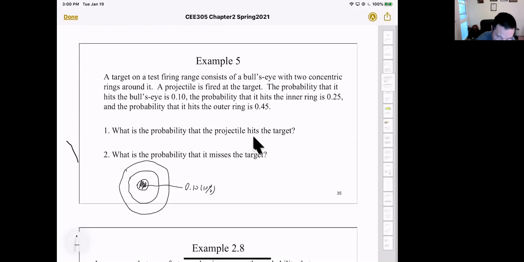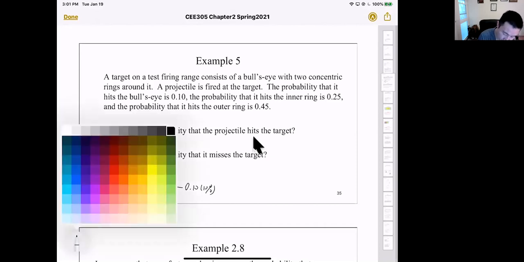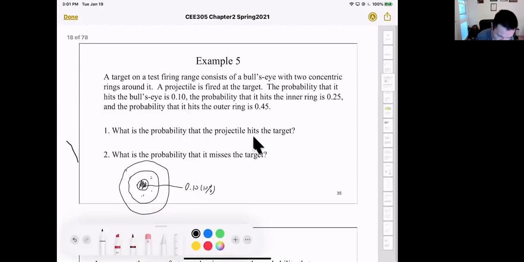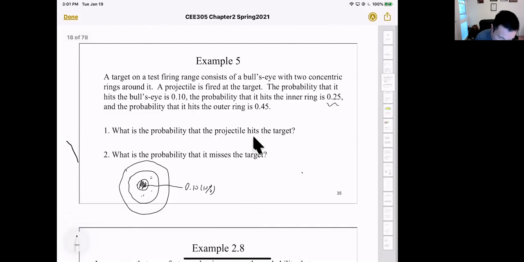The probability that it hits the inner ring, this part between the first and second circle, is 0.25, which means hitting this area is 0.25.